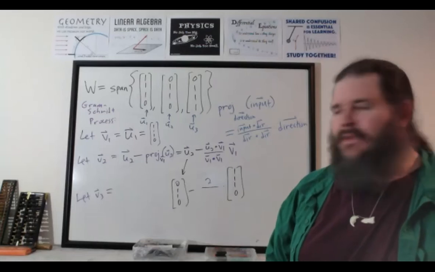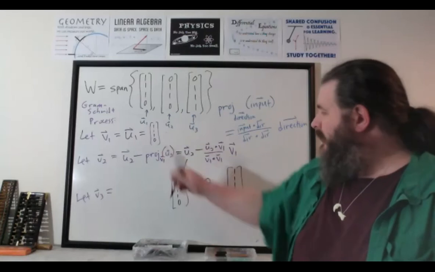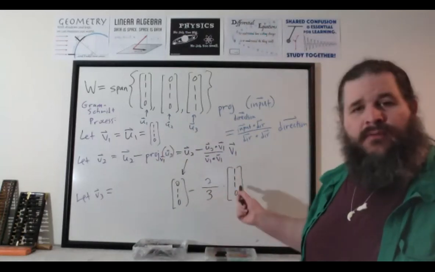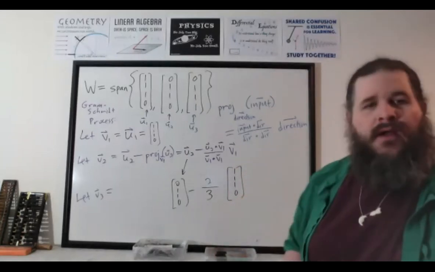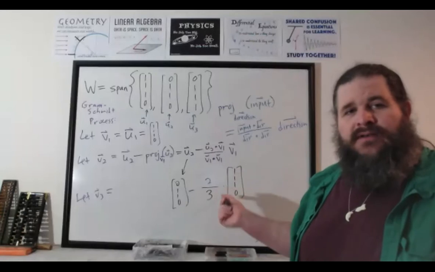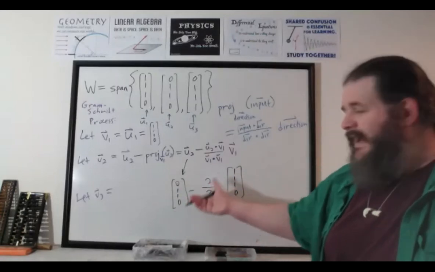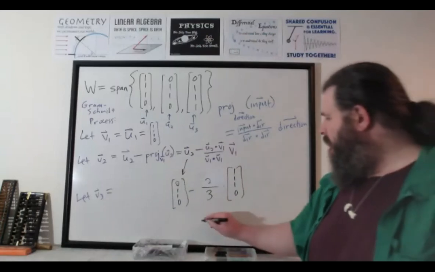Would it be 3? Yeah, 1 times 1 plus 1 times 1 plus 1 times 1 plus 0 times 0. So that means the projection is 2/3 times 1, 1, 1, 0. In other words, 2/3, 2/3, 2/3, 0. But that's the parallel component. To find the perpendicular component, we take the original U2 vector minus that projection. The original vector minus the parallel component.